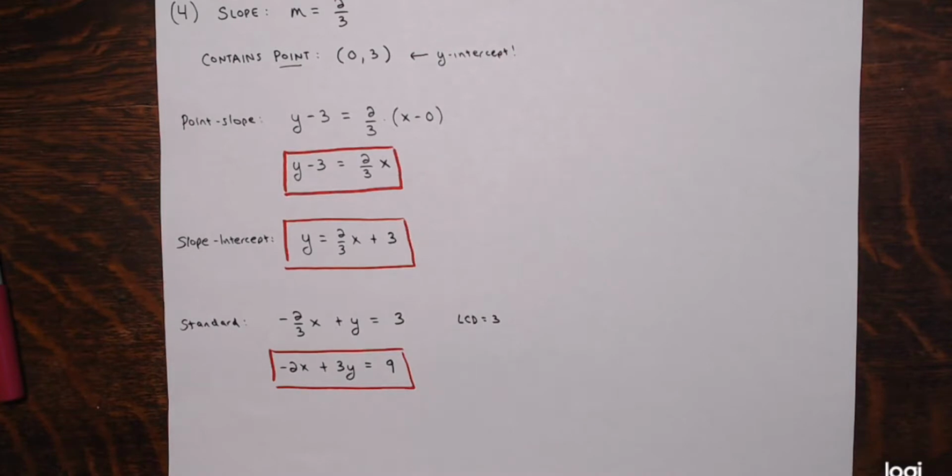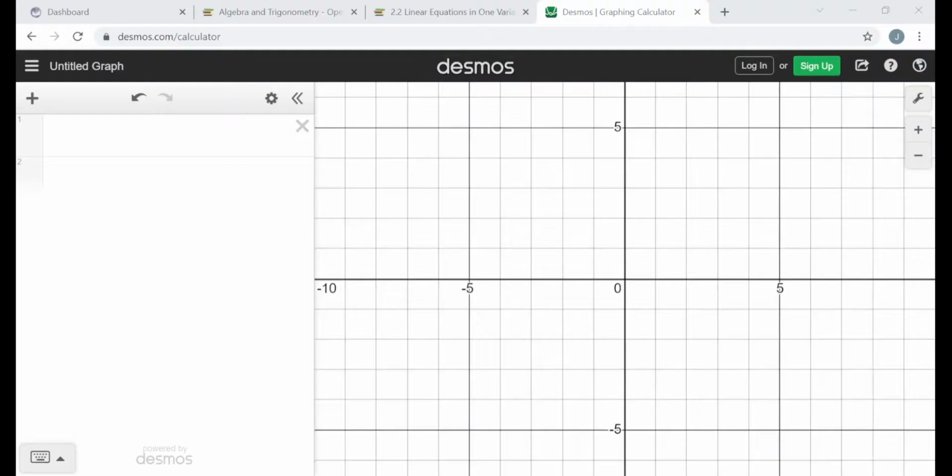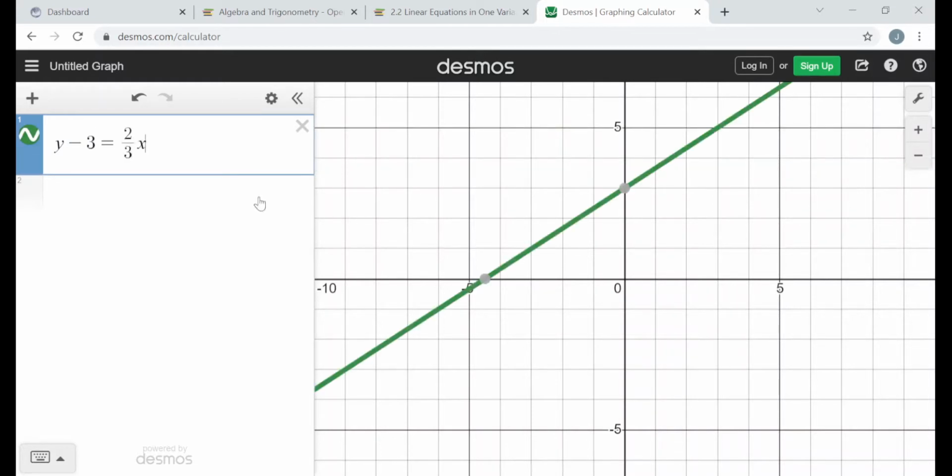All right, again, let me write these out. Let's take a look, make sure that they're actually the same equation. So my point slope form, we're at y minus 3 equals 2/3 times x. Cool. Positive slope there, rising to the right. And you can find all sorts of ordered pairs you wish now that you have an equation.